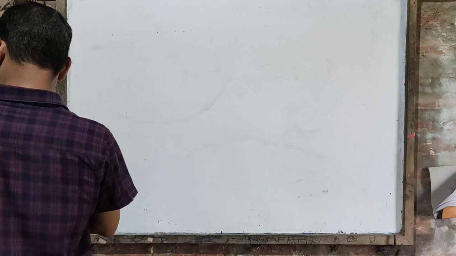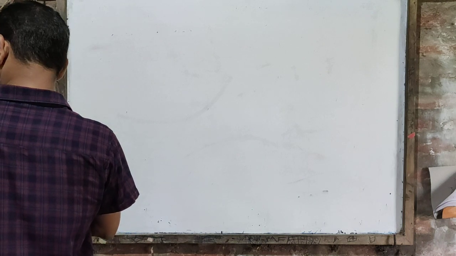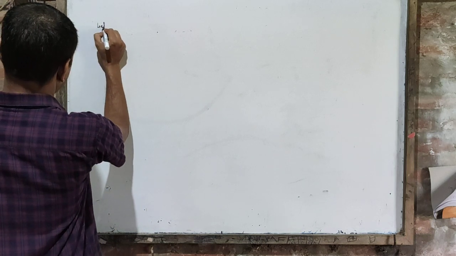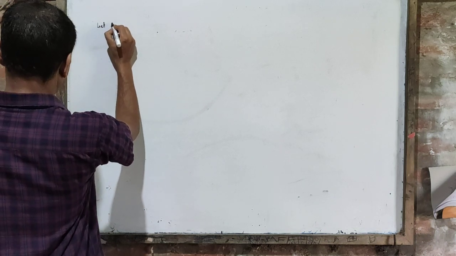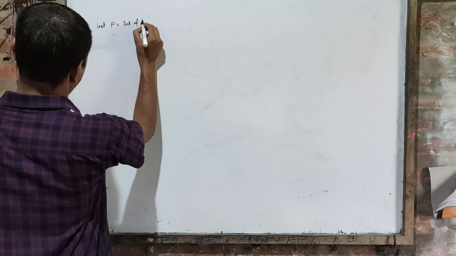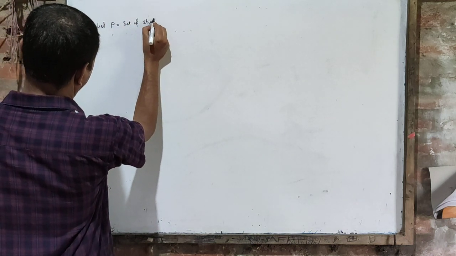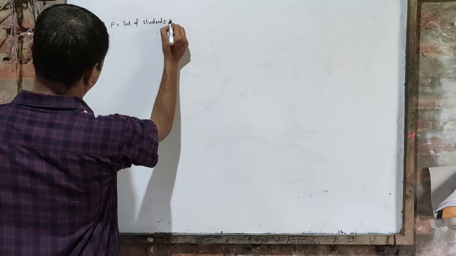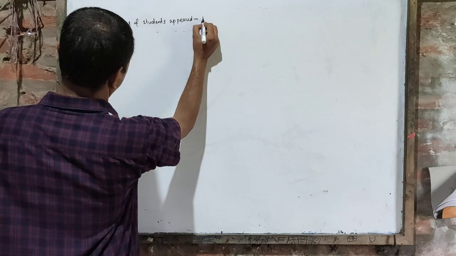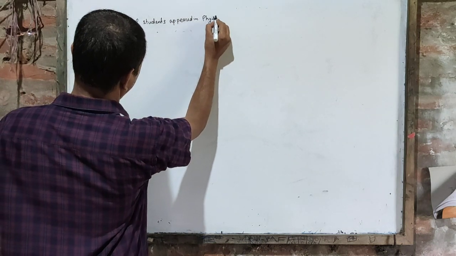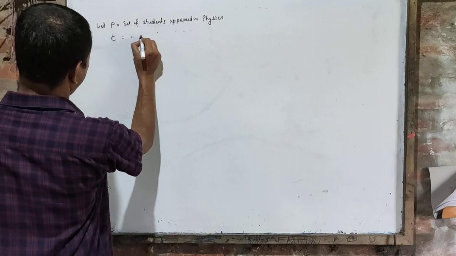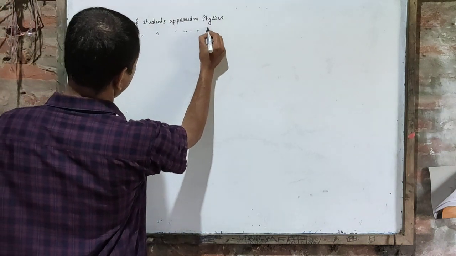In an examination, students appeared in chemistry, physics, mathematics. So let us first name the sets. P is equal to the set of students appeared in physics. Then C is equal to the set of students appeared in chemistry.